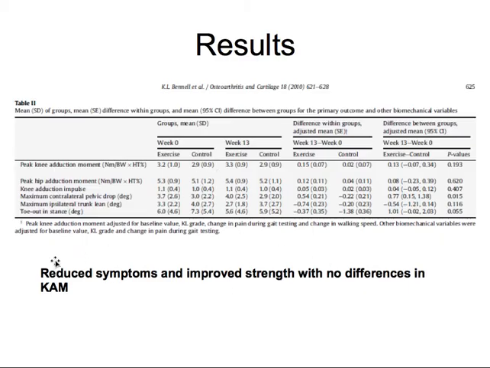And essentially the bottom line of these results is that there were reduced symptoms and improved strength with no differences in the knee abduction moment. So the explanation for the improvements had more to do with just general fitness, but they weren't able to decrease the knee abduction moment in this particular study.